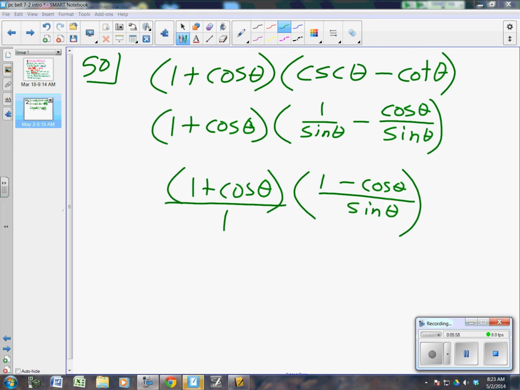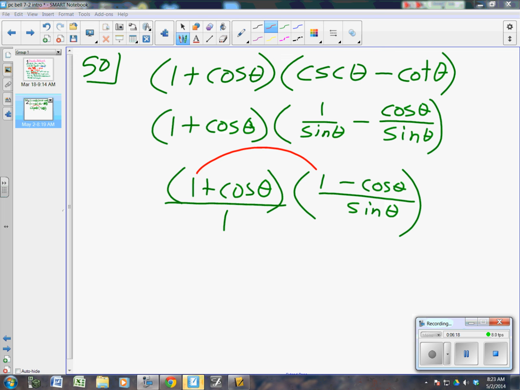So I've got to multiply 1 plus cosine by 1 minus cosine, and I have to FOIL, or actually I like what Dakota said better. I like to think of it as distributing, multiplying, because if you have more than two terms, you still have to distribute it, and you can't call it FOIL.